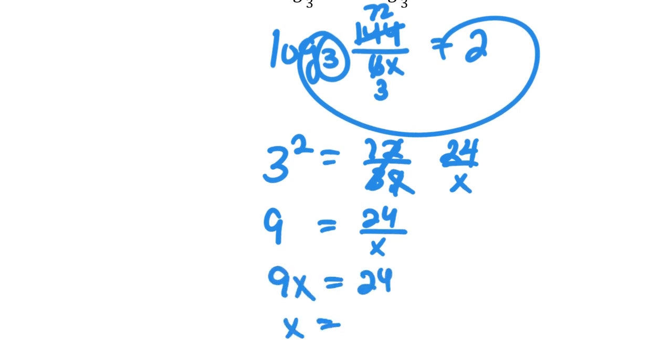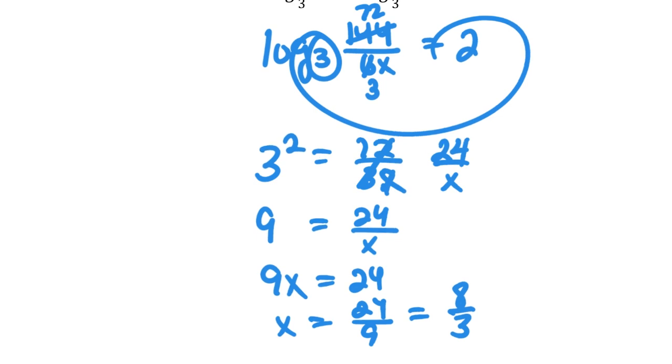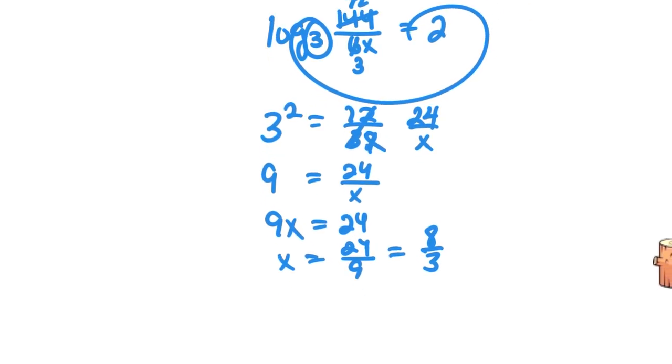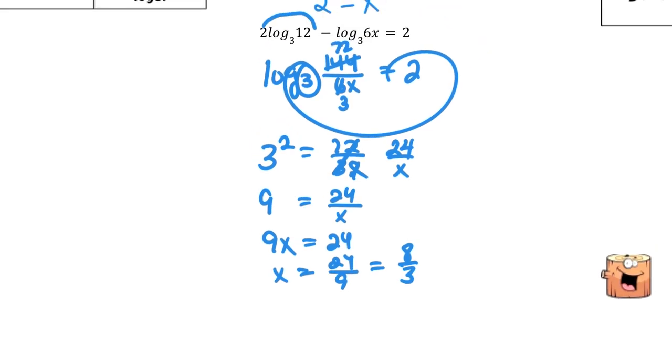Okay, and then I get x equals, which will reduce to 8 over 3. Perfect. Let's go. So smart. Don't be negative. Golly. Put on your nice pants.